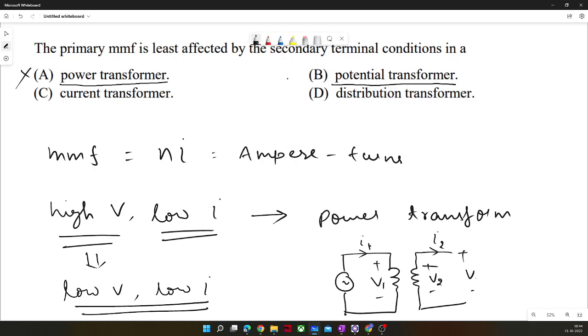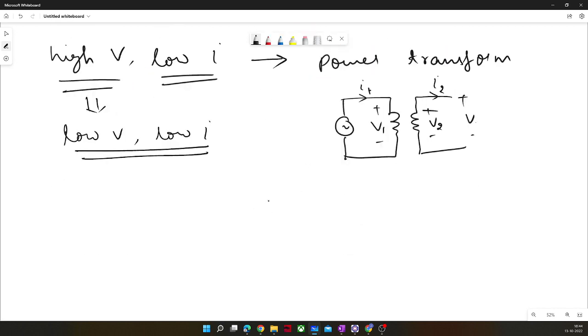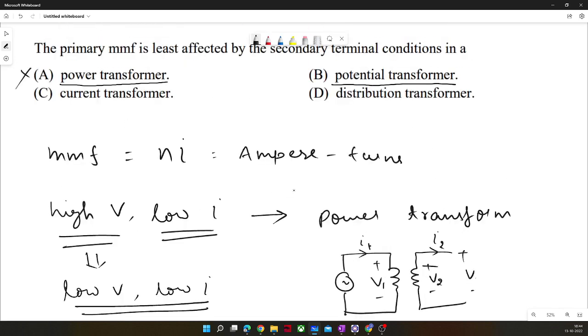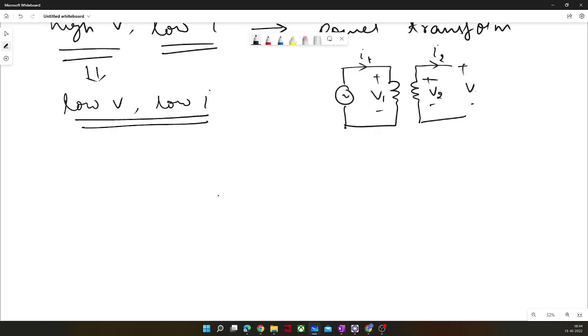So we will explore this potential transformer, and potential transformer is generally used to measure the voltage. We generally can't measure very high voltage, let's say 1 kV or 11 kV. Even if you can, it will take much higher price of voltmeters to make it efficient.